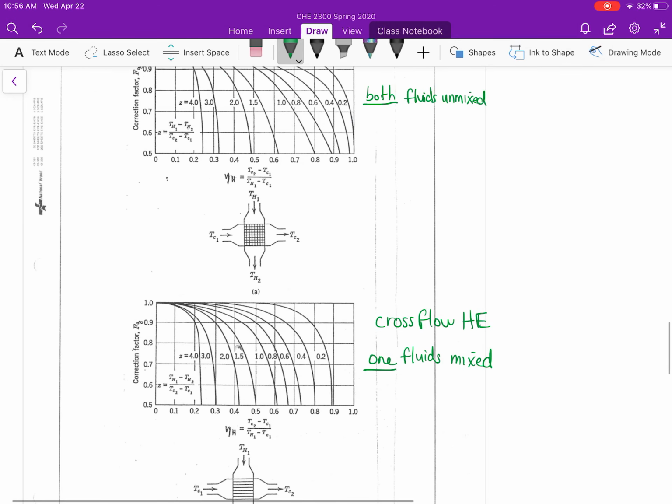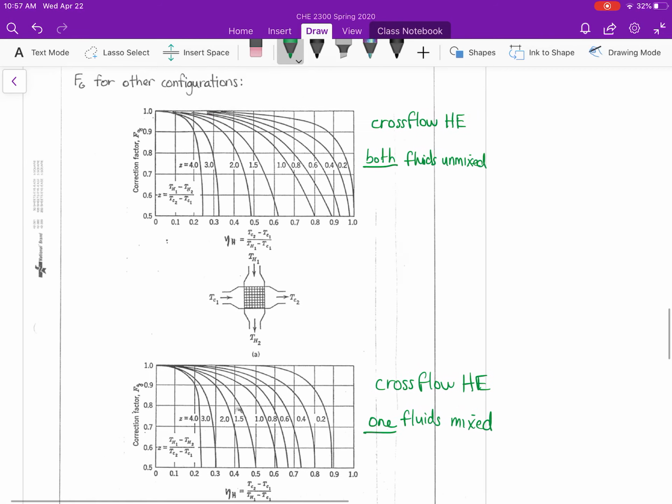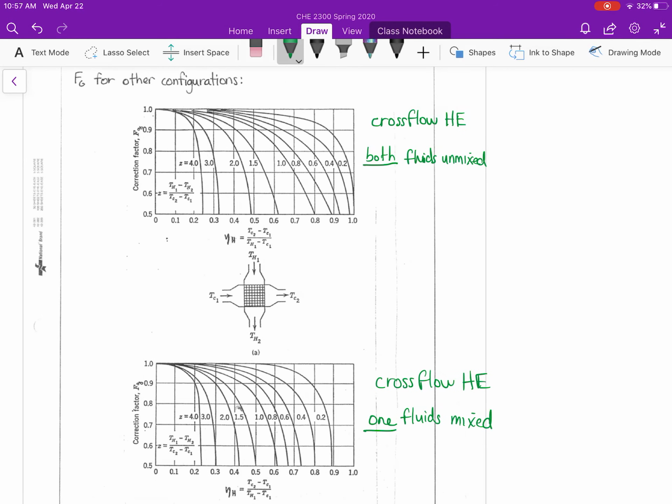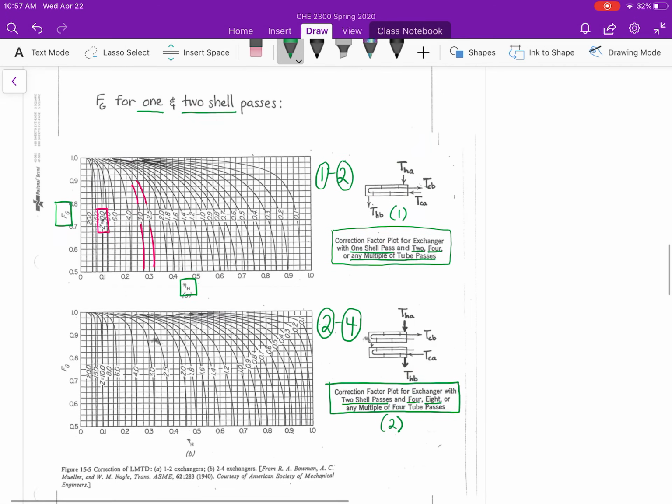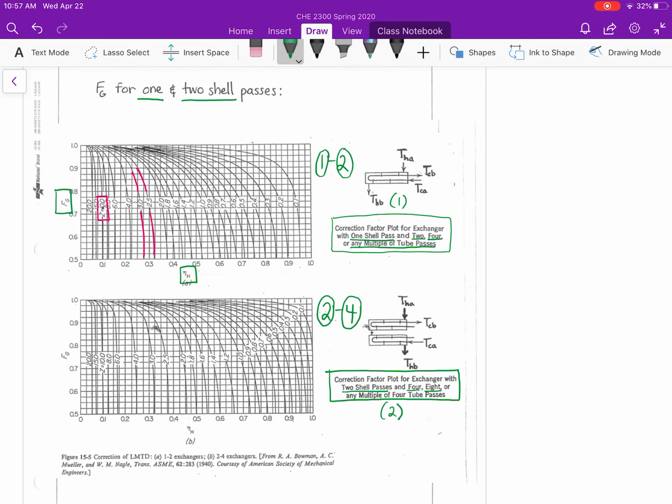Okay, so we haven't talked much about cross-flow heat exchangers. All I want you to know is that we have these correction factors for cross-flow heat exchangers in addition to our shell and tube heat exchangers.